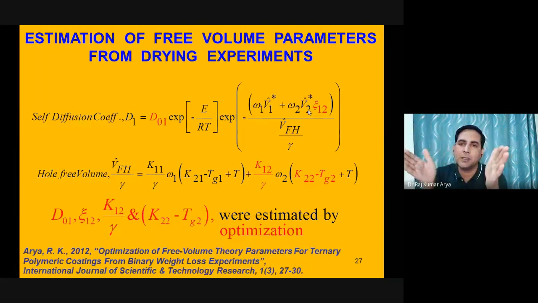If your molecules are too tightly packed, they cannot move freely. So this term, the free volume over gamma, where gamma is the overlapping factor, because all molecules have to pass through the same space. What free volume is available for component 1? What for component 2?